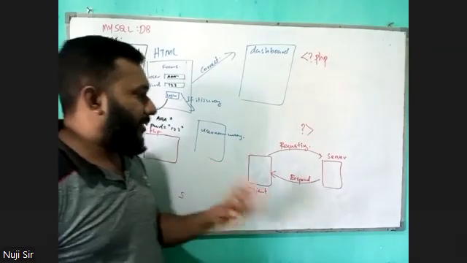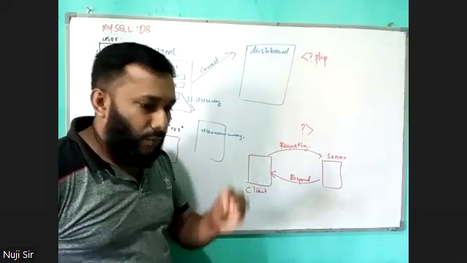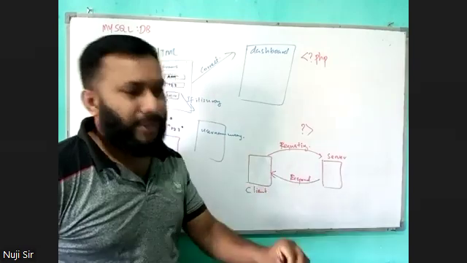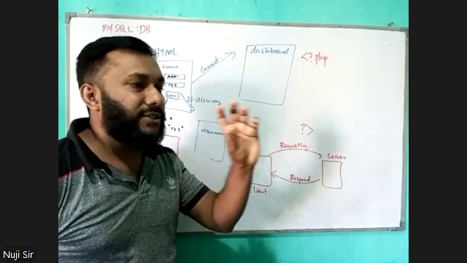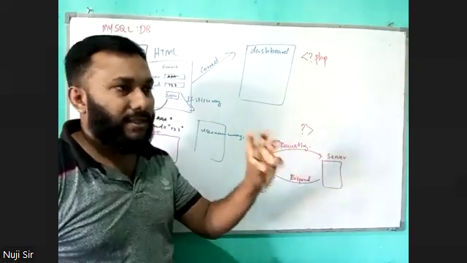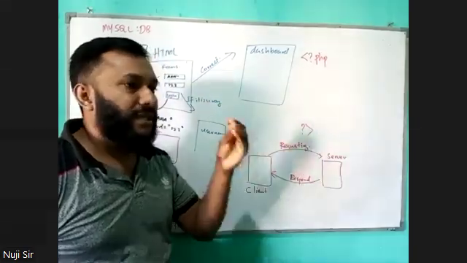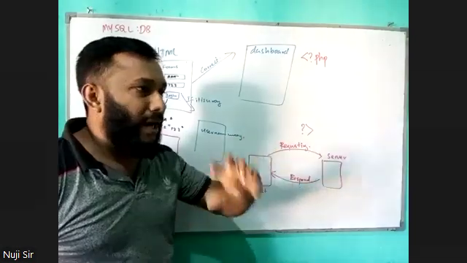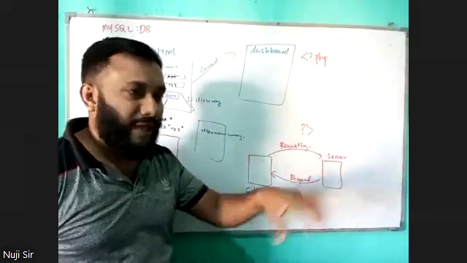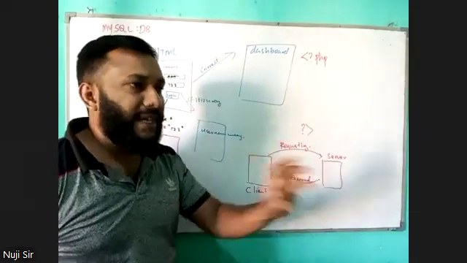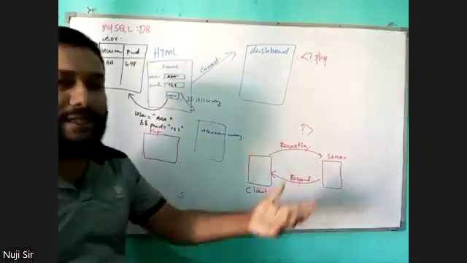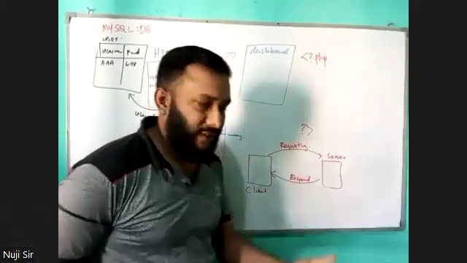Local server means you are using your laptop or a PC by itself. You just install the server software, WAMP, SAMP, and you are configuring your local PC as a server. That is called a local server or localhost.